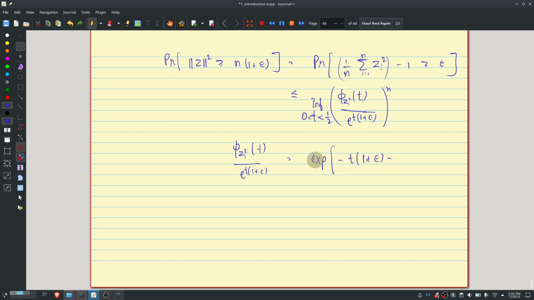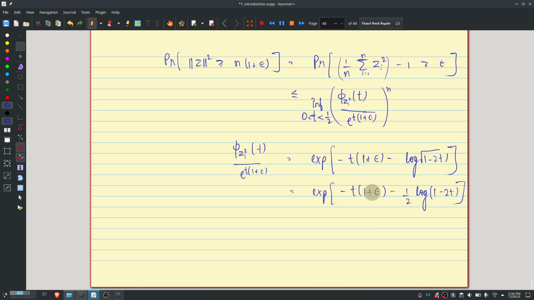Which is the same as e to the power log of 1 over square root of 1 minus 2t, or minus log square root of 1 minus 2t, right?